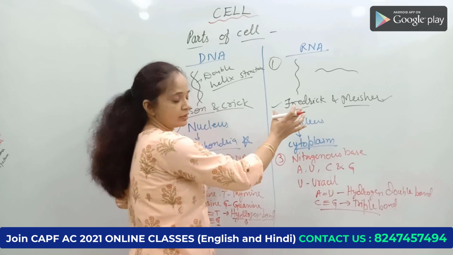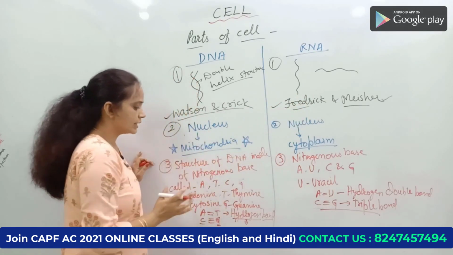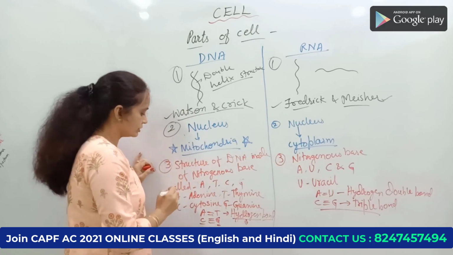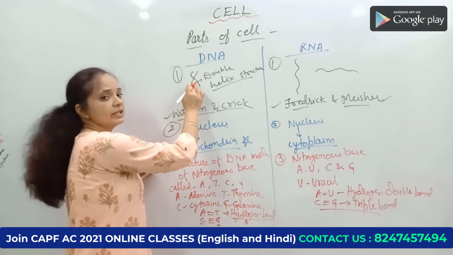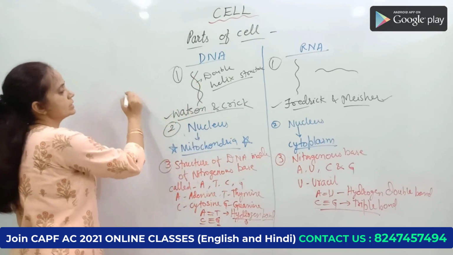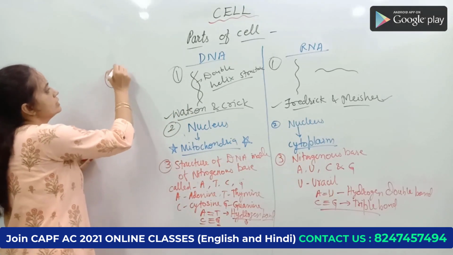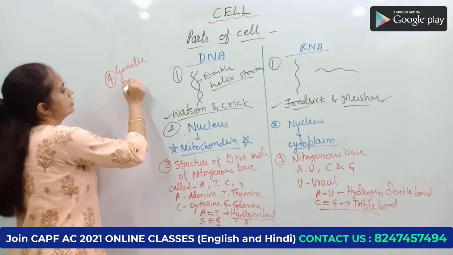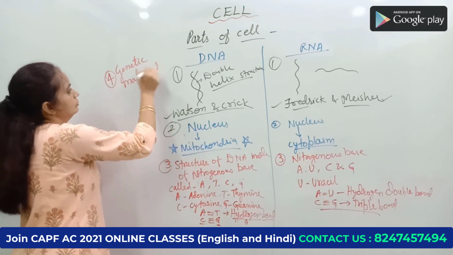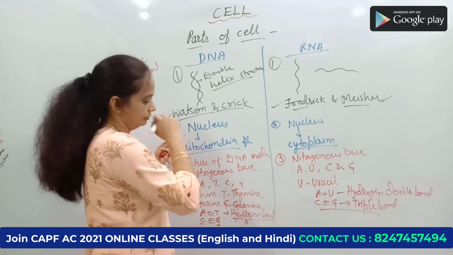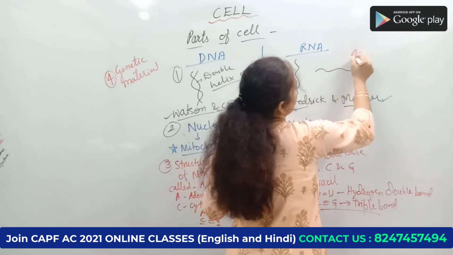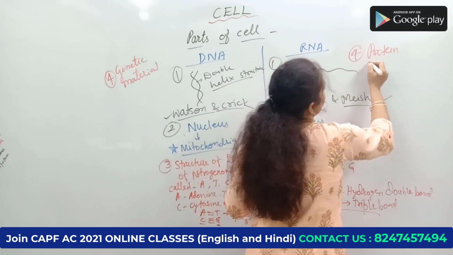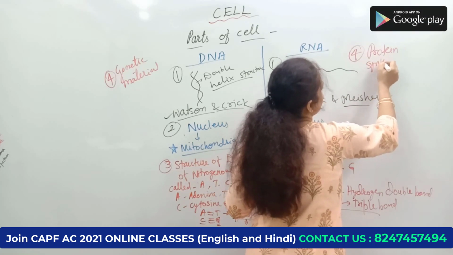Now let's see the different functions of DNA and RNA. DNA is called the genetic material, and RNA is the protein synthesizer, you can say.